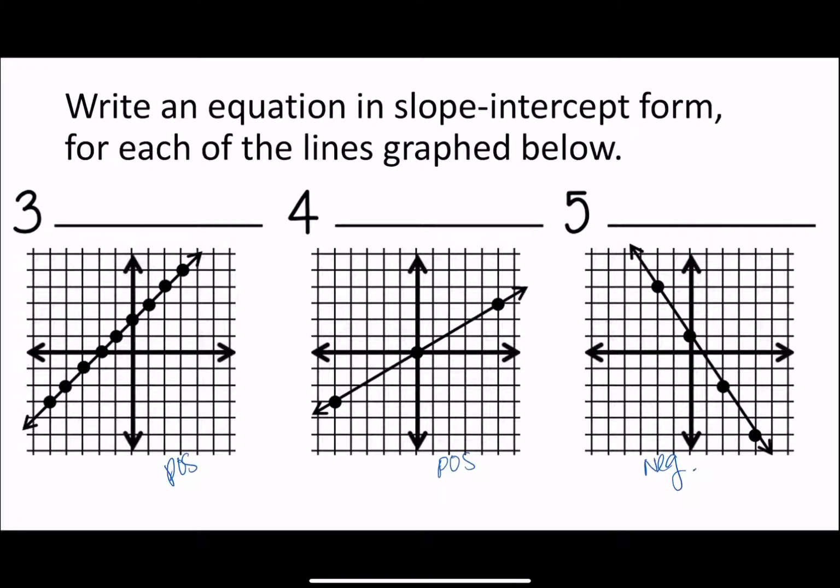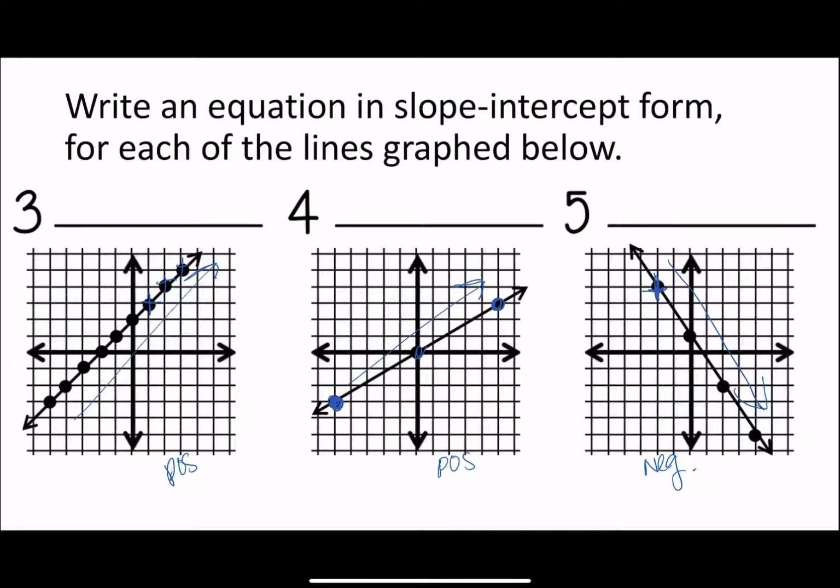Because this one's going up the hill, and this one's going down the hill, as we're walking from left to right. As you're doing this, I also want you to notice that the points that I'm picking are on crosshairs, on the intersections of these boxes. And on 3, we had so many.